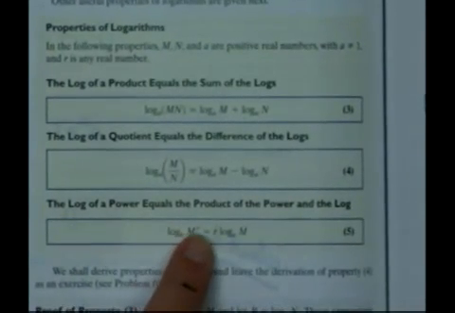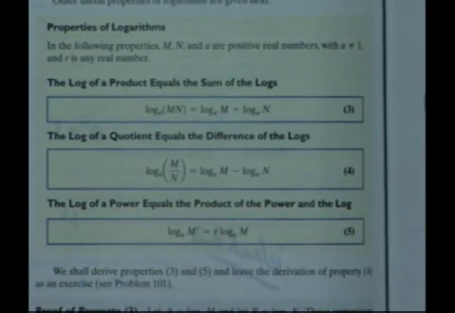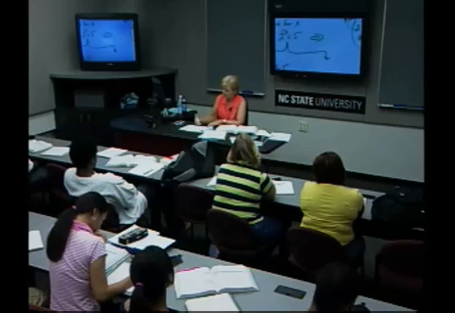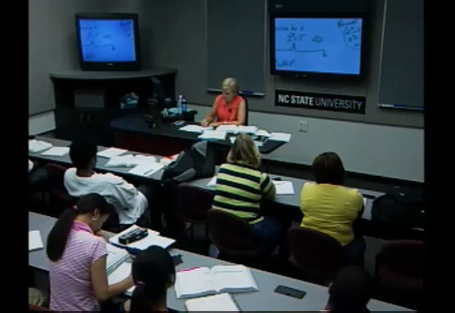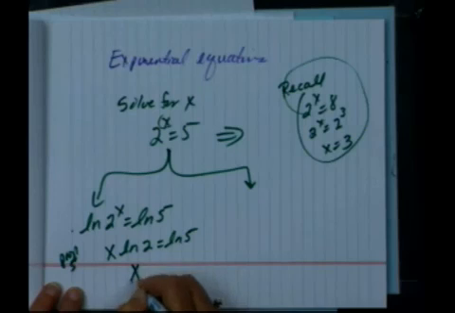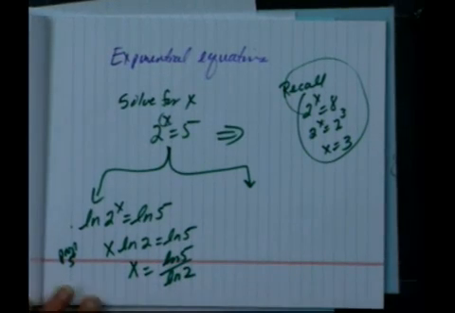The r in my problem is the exponent, so I'm bringing it up front. So this is x log 2 equals natural log 5. So x is natural log of 5 over natural log of 2.